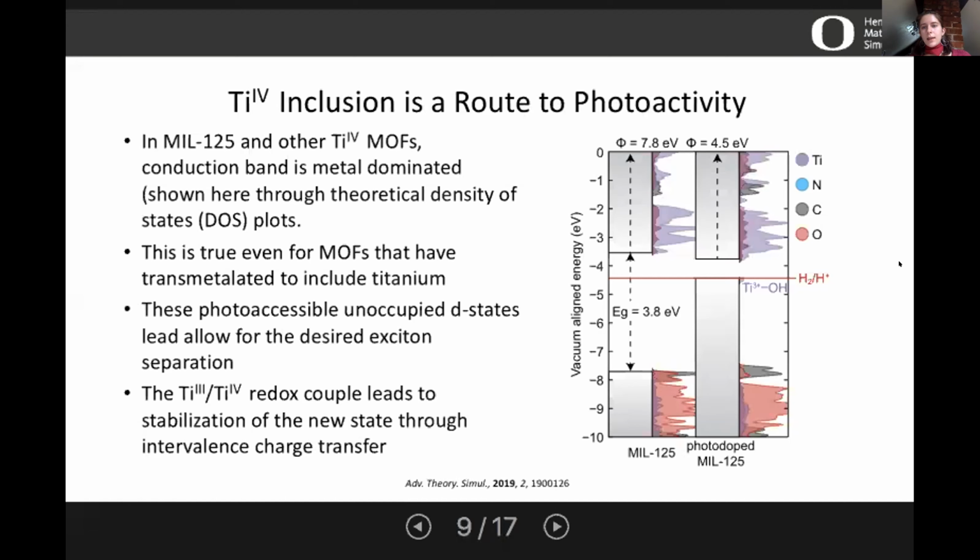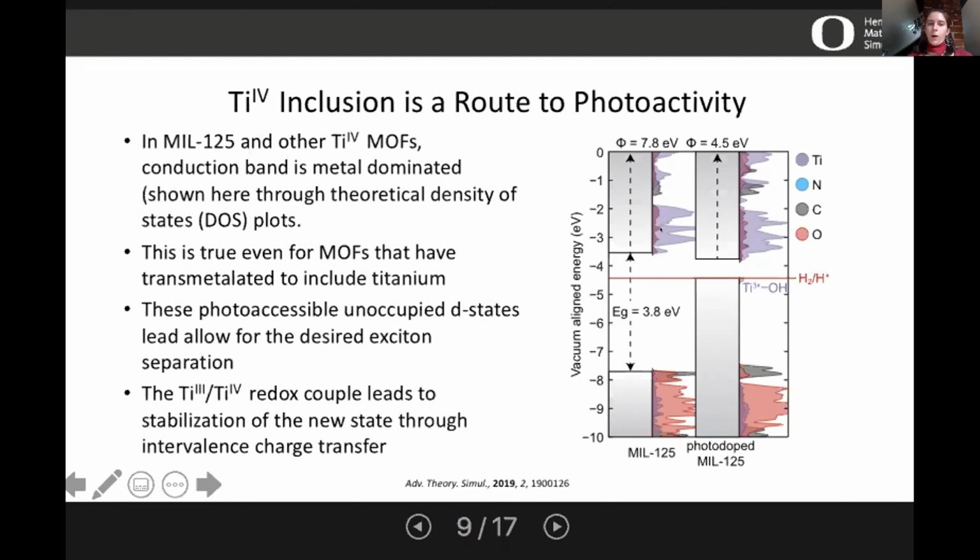The plot that you see here to the right is a DOS plot, and the peaks all correspond to states in the material. You can think of them like molecular orbitals, and we're indicating by color the atomic contribution of each peak. And so our conduction band up here in MIL-125, and in other titanium 4 MOFs, is metal dominated.